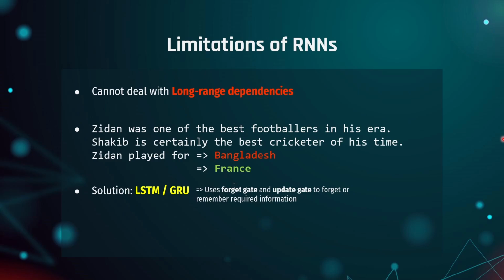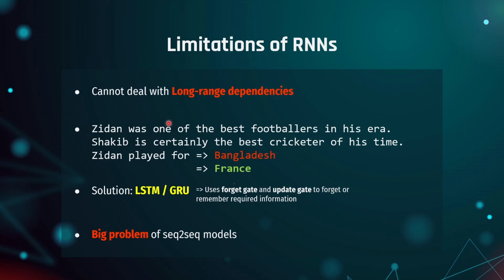And the update gate is exactly the opposite, it remembers the information, the context or sequences of words that is necessary, okay? So if LSTM or GRU processed the same example, then it would remember the context of Zidane and footballer, and it would forget the word Shakib or cricketer in this particular context.